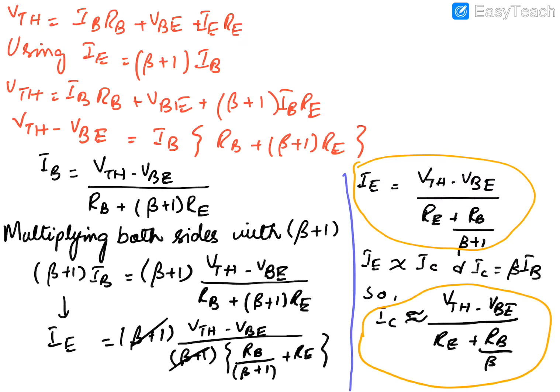Also IC is approximately equal to IE, and IC is beta times IB. So from this equation you can find the value of IC, which is approximately equal to V Thevenin minus VBE divided by RE plus RB divided by beta.